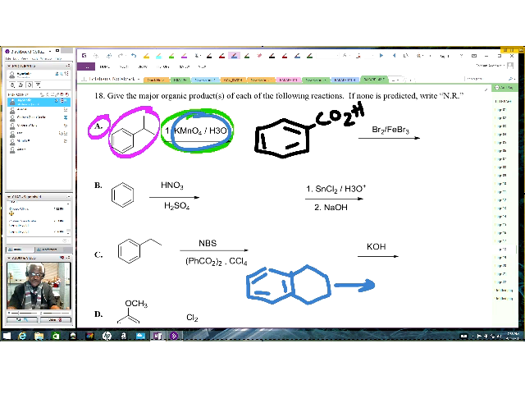Two benzoic acid groups, excellent, very good. Each one of those carbons that is attached to benzene, this here and this here, will become a carboxyl group, and you lose the rest of the molecule. So in this case, the product will be this here.